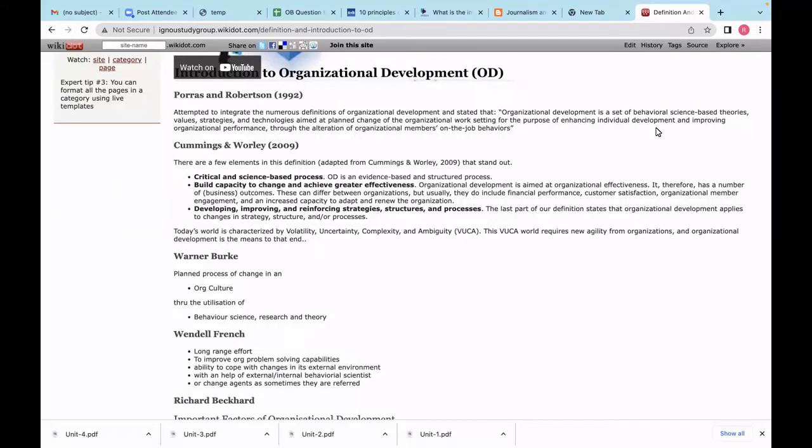One of the scientists said it is a planned process of change in organizational culture. Culture includes how they manage people, how they treat people, how they compensate people, and various other aspects, through behavioral science, research, theory, everything. So that is the definition of OD.